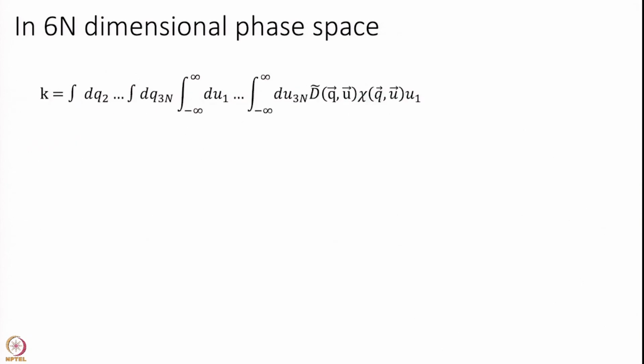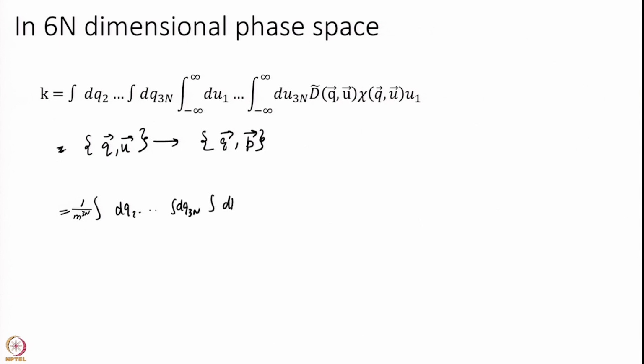And just one remark, in statistical mechanics we really integrate over QP space. So, I want to go from this QU space to QP space, momentum space. So, that is straightforward. I just write this integral in P space instead. So, I am integrating over all momenta instead of speeds.